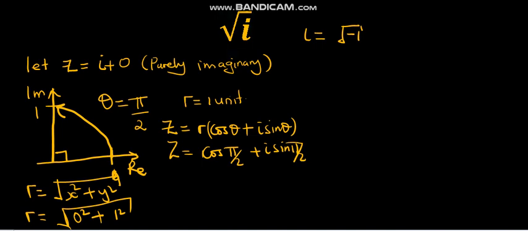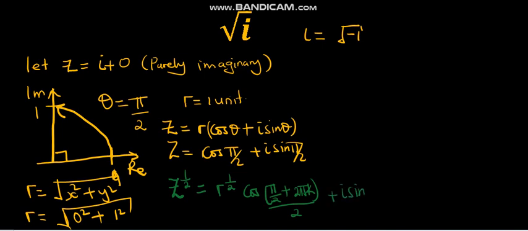Now we need to find the roots of z, and by use of De Moivre's theorem, it tells us that if we want the root of z, it's as simple as saying r to the power half, cos of the argument, which is pi over 2, plus 2 pi k, divided by 2, plus i sin of pi over 2, which is the argument, plus 2 pi k, divided by 2.